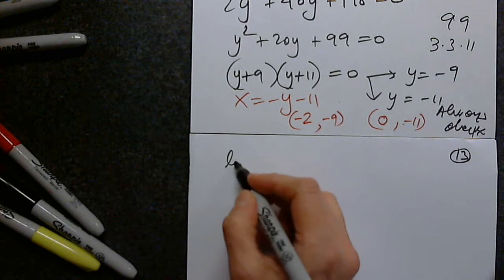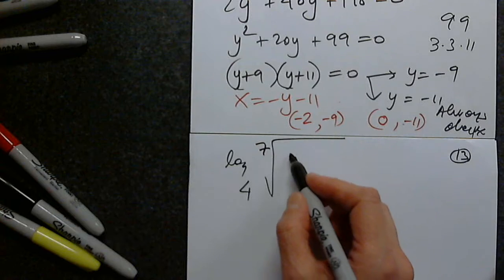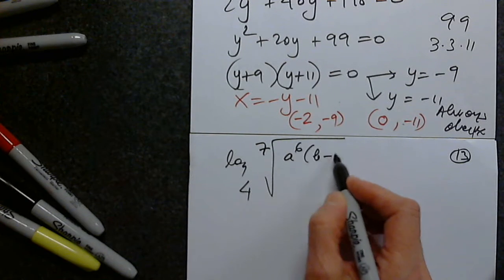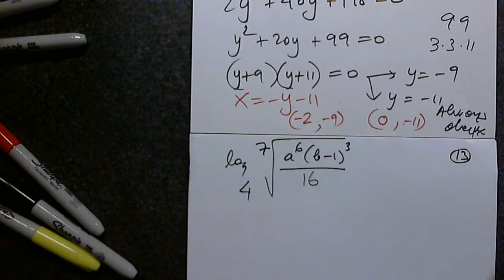So we have log base 4 of the 7th root of a to the 6th, b minus 1 to the 3rd, everything divided by 16.